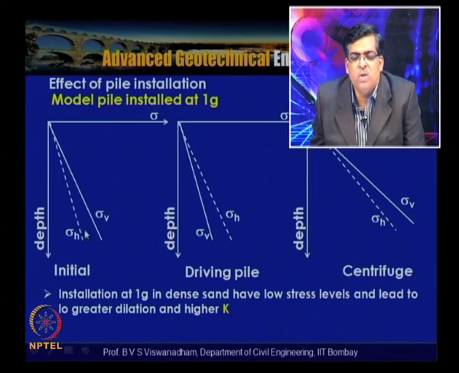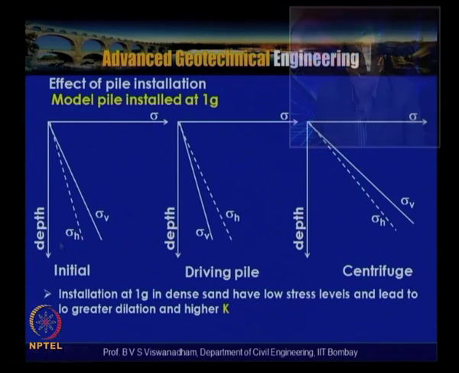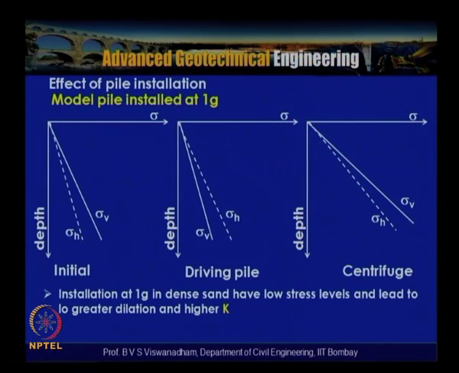Because the stresses are low, there is a low sigma v and a low sigma h acting on the pile surface. By driving the pile at 1G, momentarily the horizontal stresses are more than the vertical stresses, and thereafter, by subjecting it to high gravities in the centrifuge, the vertical stresses become more than the horizontal stresses.